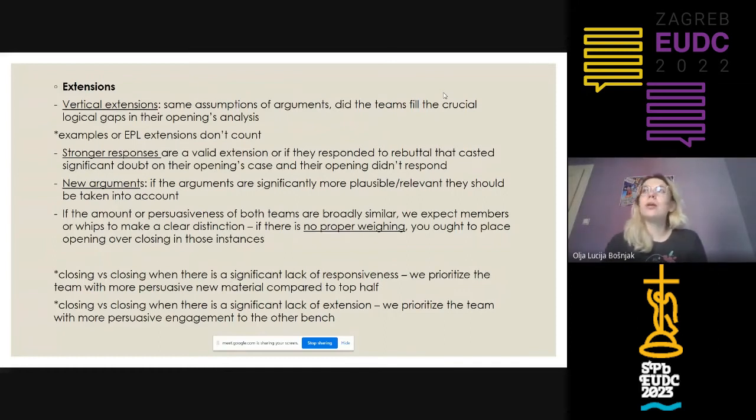Opening has 3 well-done arguments, CG has 3 well-done arguments, and then CG whip doesn't mention OG at all. I am not sure whose case was better. If they're just well-done arguments, they engage with oppositions well enough, it's a gov bench. I'm sorry, but in that case, it probably is OG over CG based on the burdens that closing teams have. And I think also this is very important.